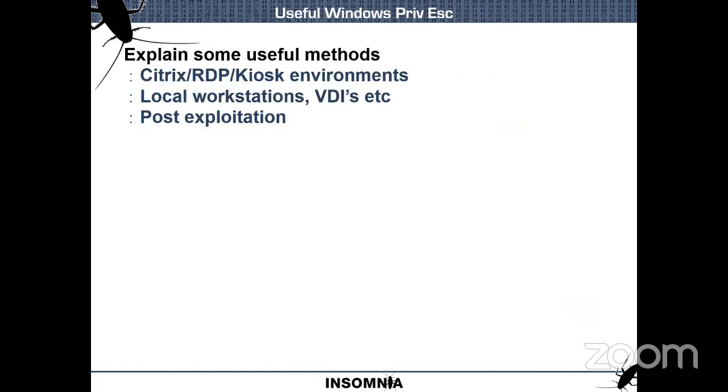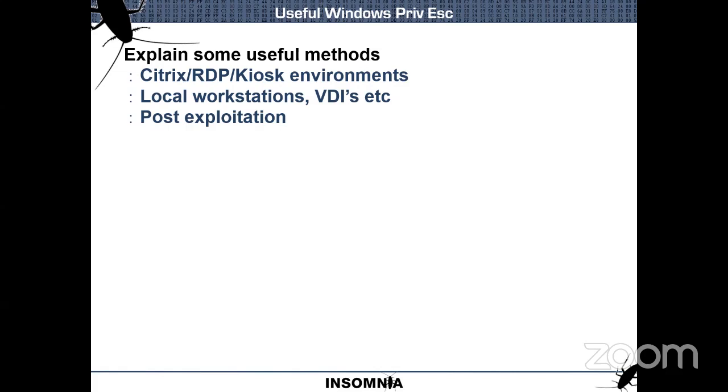So the aim of this talk is to discuss some Windows privilege escalation techniques that we have used in the past, and perhaps trigger something that will make you go away and come up with some new methods for the future. There are no zero-day vulnerabilities released here. In fact, there is no memory corruption occurring at all.